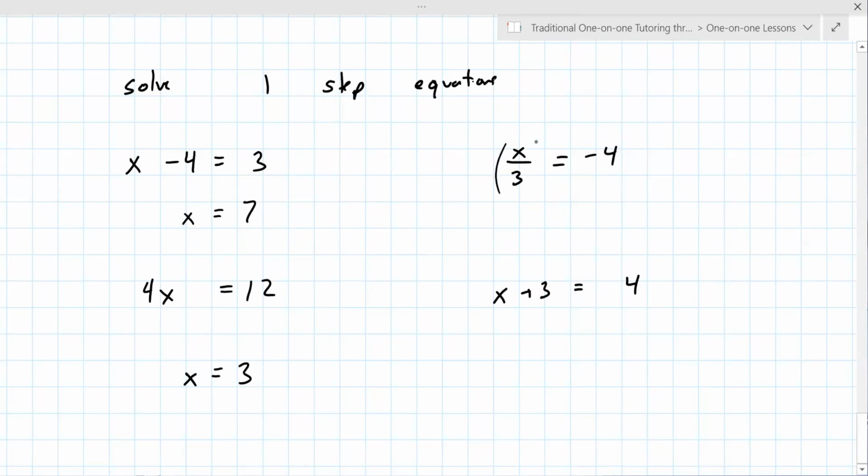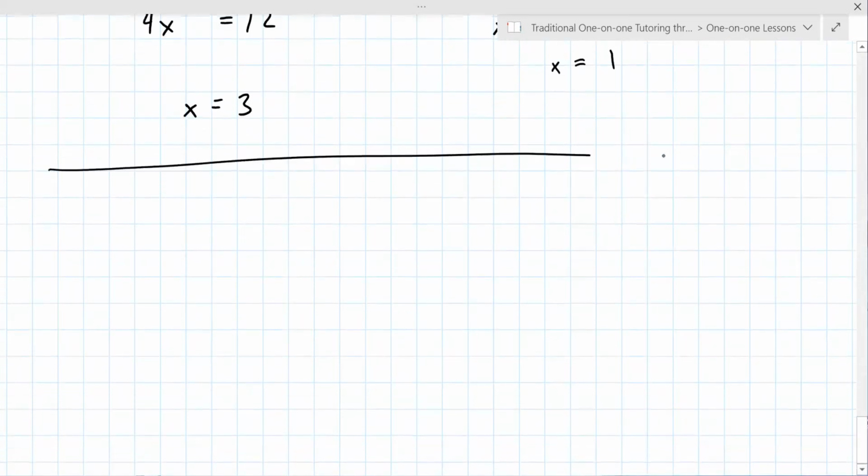Here you're actually multiplying both sides by 3 to clear this division by 3. And then the next one, 1. Yes. Very good.